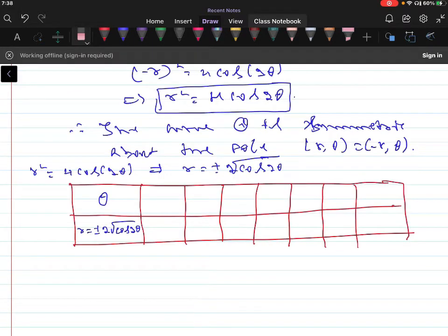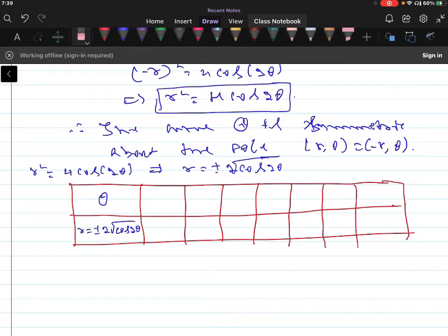We construct the table for different values of theta. Theta varies from minus pi by 4 to plus pi by 4, since the curve is symmetric about both the x and y axes as well as the pole.